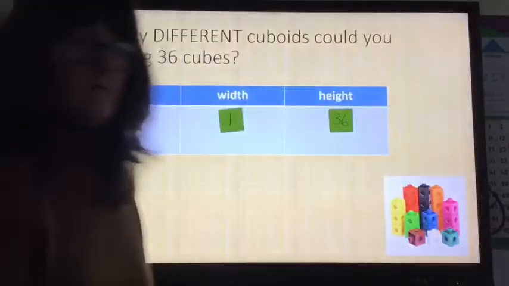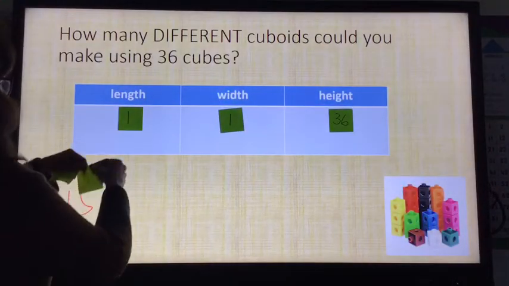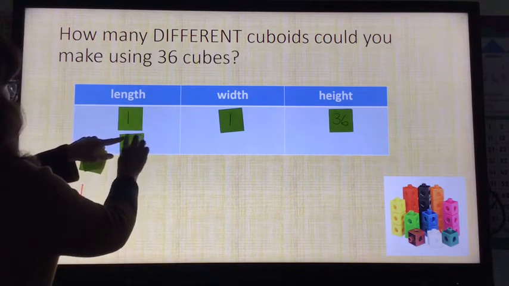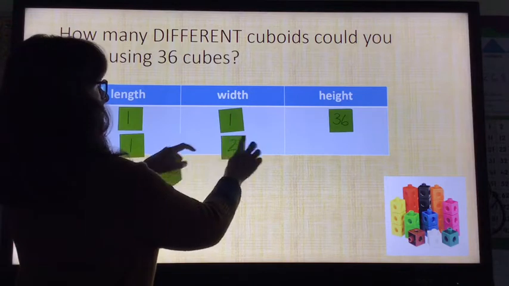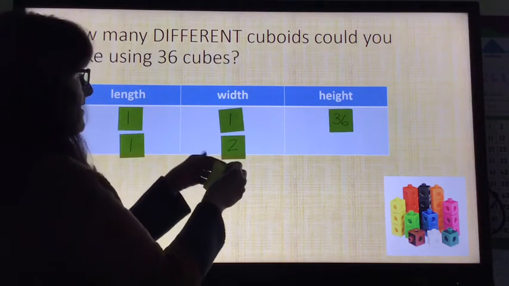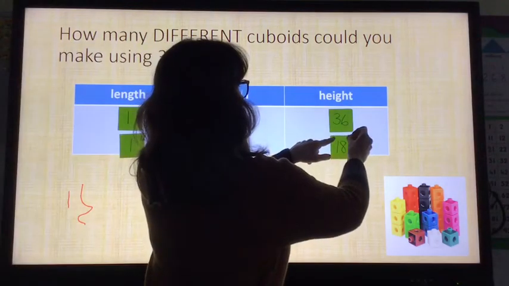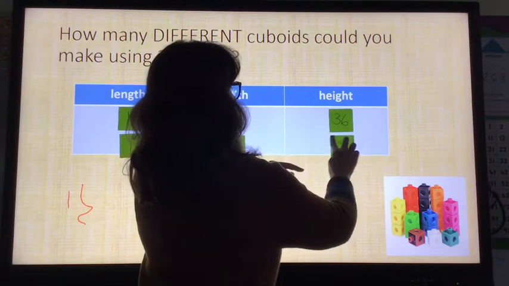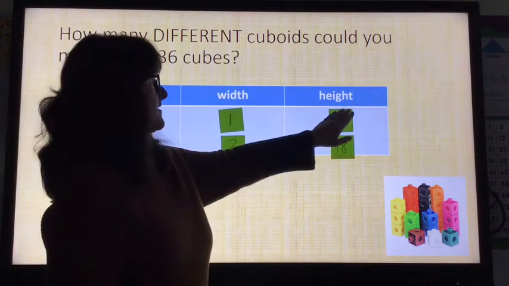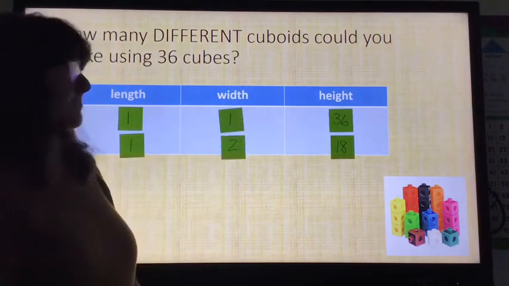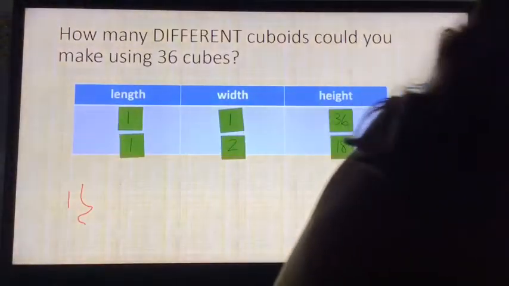Or you could have a length of 1, a width of 2, which would mean you'd have to have a height of 18. 1 times 2 is 2, 2 times 18 is 36. Remember, these three numbers multiplied together must equal 36.